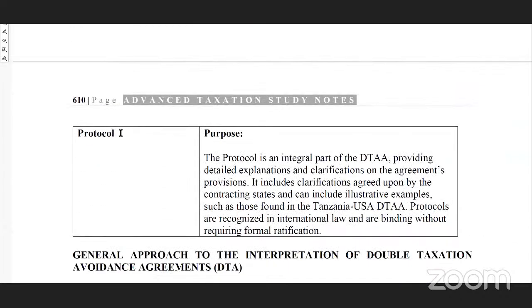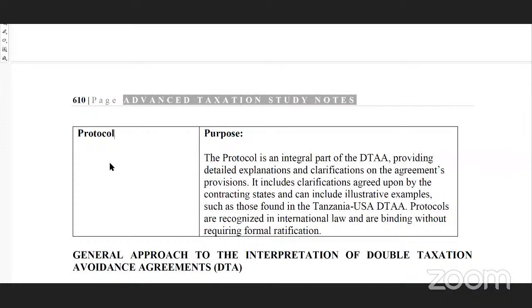Now, DTAs have something we call the protocol. The reason why I'm telling you these things is I'm going to teach you how we interpret DTAs right away, because this question will mostly pop up all the time before our very last session, and then we close. Now, a protocol is an integral part of the DTA, providing detailed explanations and clarification on the agreement provisions.